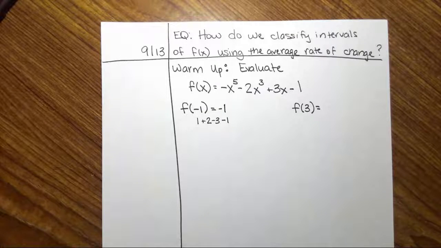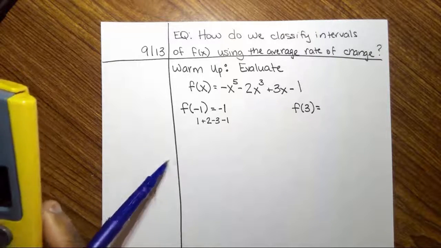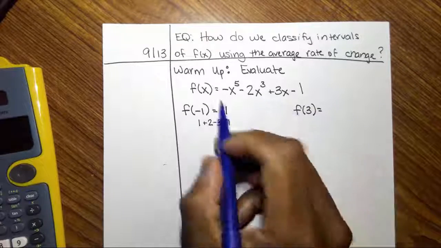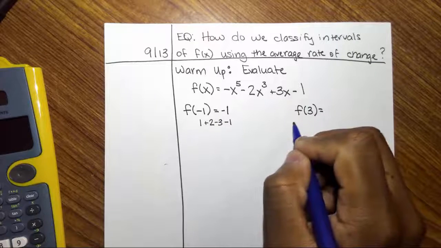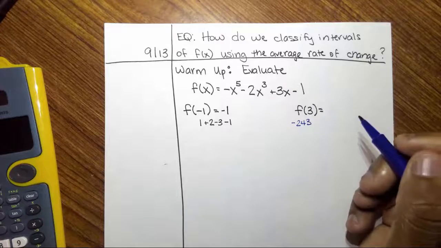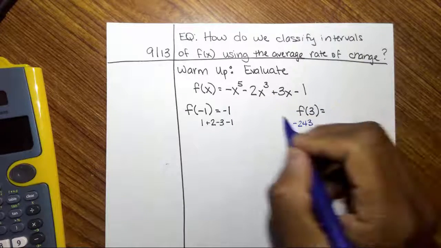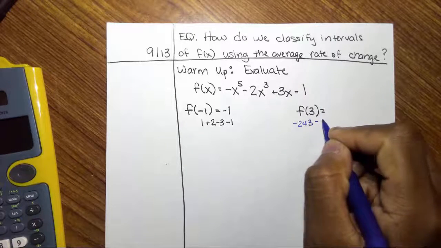Plug in 3, what do you get there? What's 3 to the fifth? 3 to the fifth is 243, but you have a negative sitting in front, so that becomes negative 243. 3 to the third is a positive 27 times the negative 2 is a negative 54.